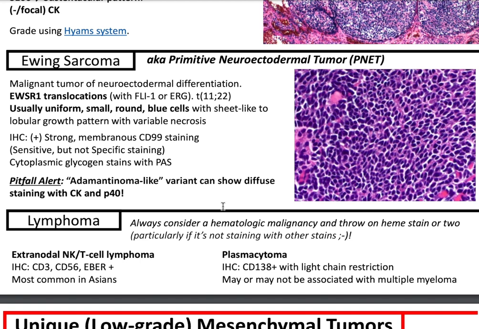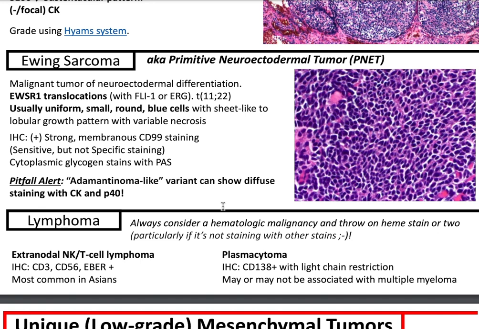Immunohistochemically, it'll be strong, diffuse, membranous CD99 staining. It's sensitive, but not specific, meaning if it's positive, it's not 100% Ewing's, it could be other entities. But if it's negative, then it's most likely not Ewing sarcoma. Cytoplasmic glycogen stains with PAS. Pitfall alert: there is an adamantinoma-like variant that can show diffuse staining with cytokeratin and P40.